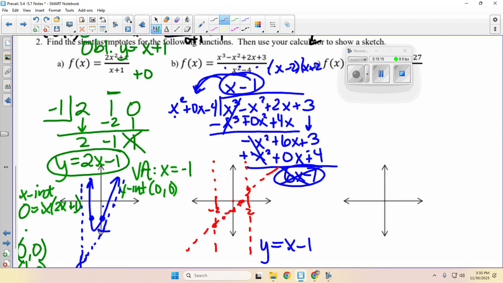And then it says use your calculator to show a sketch. So we're going to take a peek over here.